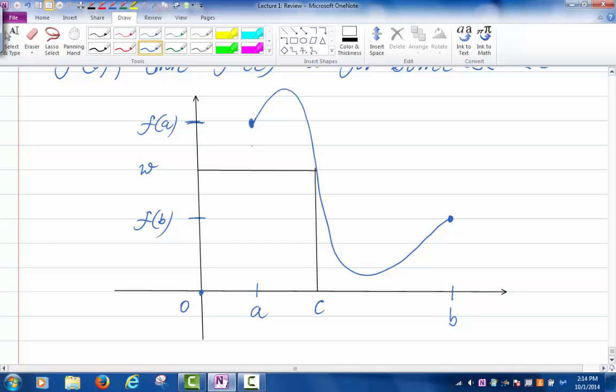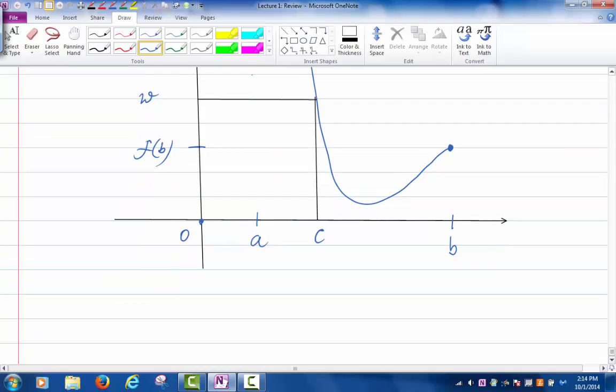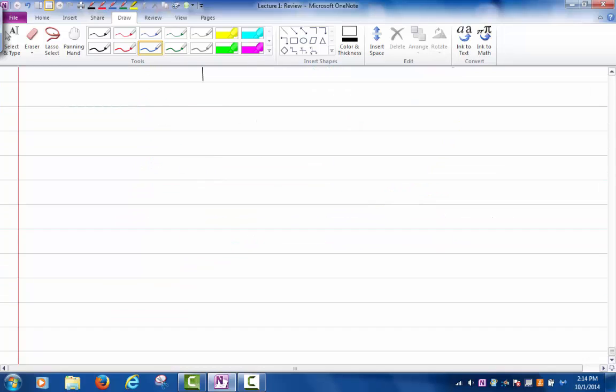You can compare this example with the following example. Let's say now I have a function whose graph looks like the following.